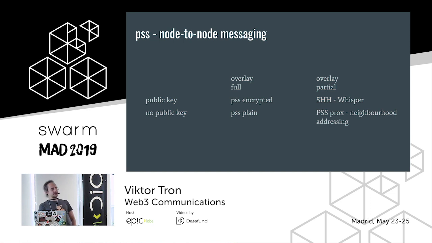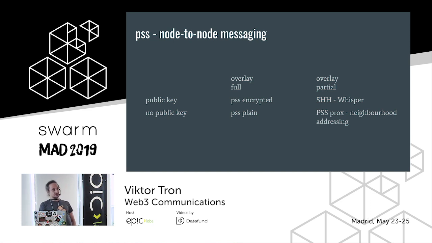If the underlay address is only partially revealed or not revealed at all, then PSS gracefully falls back to Whisper, the original Whisper, which gossips the message, and it's picked up by the owner just by virtue of the owner being able to decrypt it with their public key.